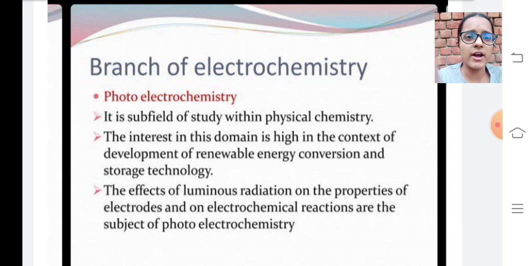It is a field of study within physical chemistry. The interest in this domain is high in the context of development of renewable energy conversion and storage technology. The effects of luminous radiations on the properties of electrodes and on electrochemical reactions are the subject of photoelectrochemistry.